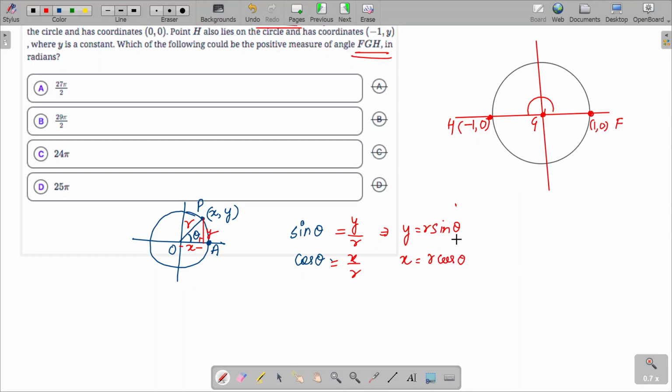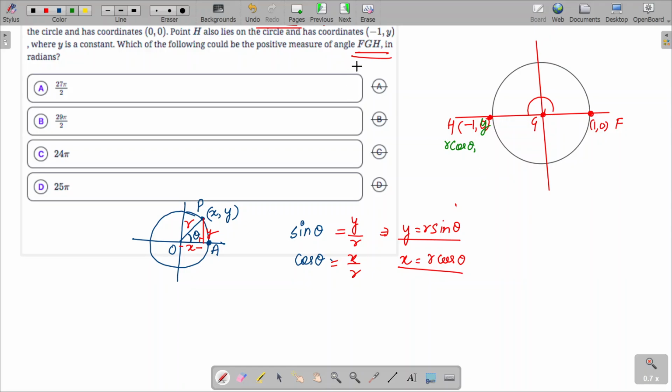Make sense? Now, instead of x and y, what can I do? I can say this is nothing but r sine theta. Sorry, x, no? Okay, x is cos theta, not sine theta. So it is r cos theta, and y is r sine theta.